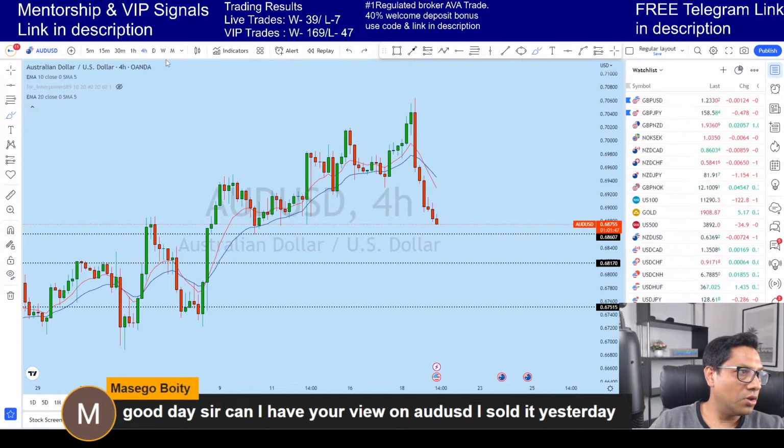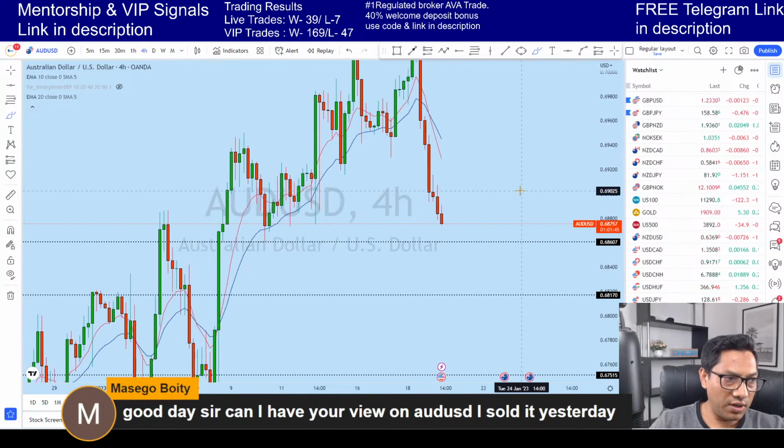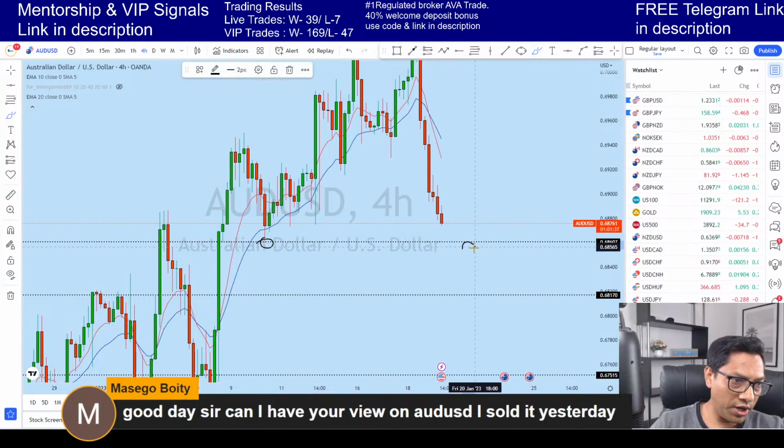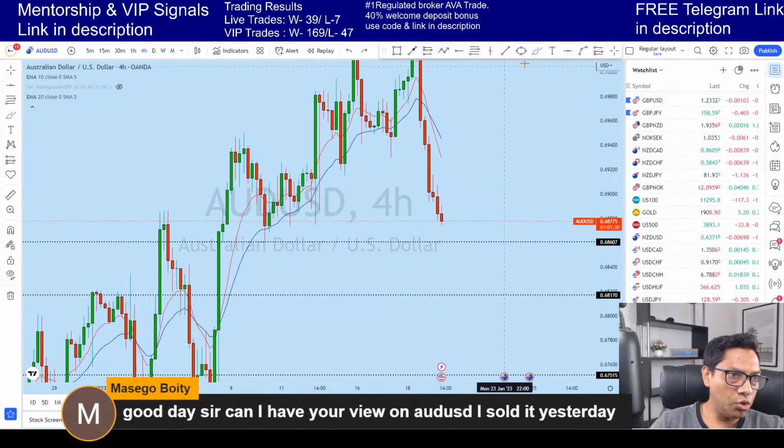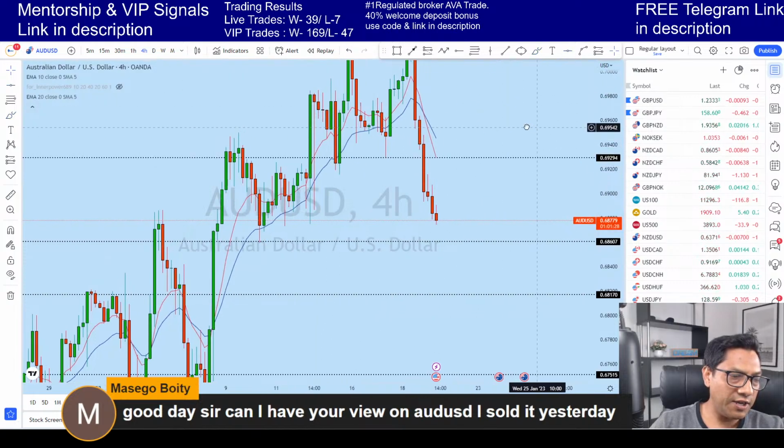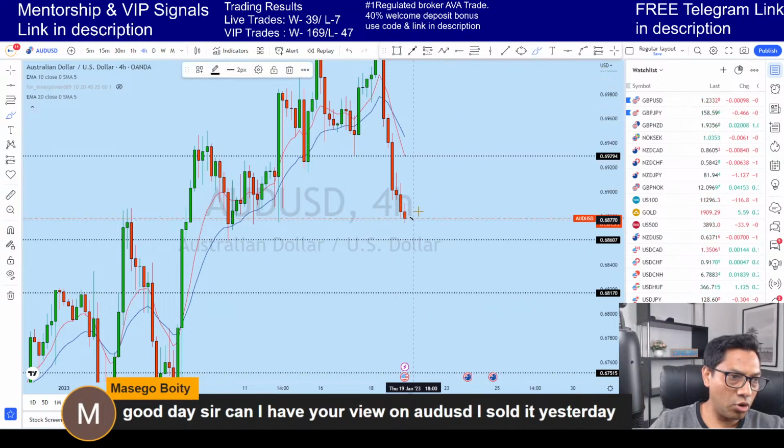With that in mind, what I will do is, once it breaks this support, look at the price action on 15 minutes or 5 minutes for a potential short-term bullish opportunity to take this move to the upside. And once it completes a proper retracement, once we see another impulse start, we'll take a short trade along this zone. So that's how we will be trading AUD USD.